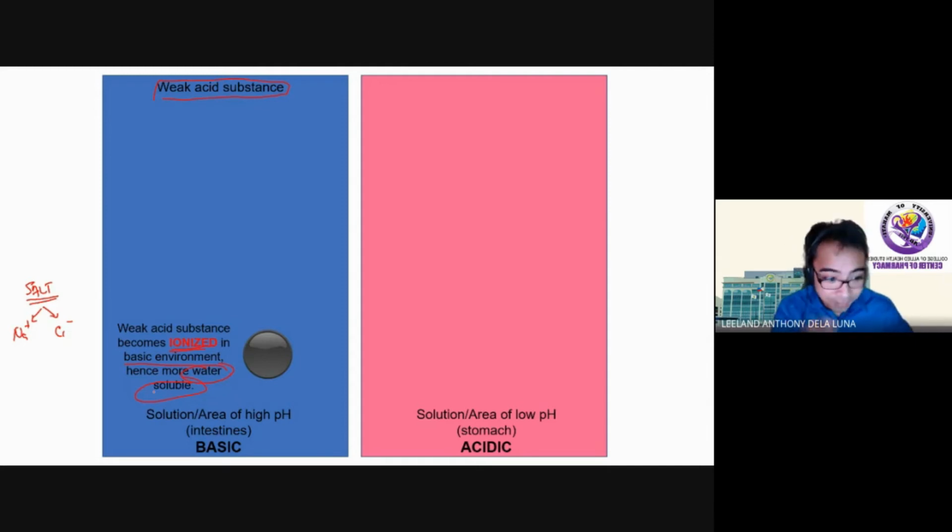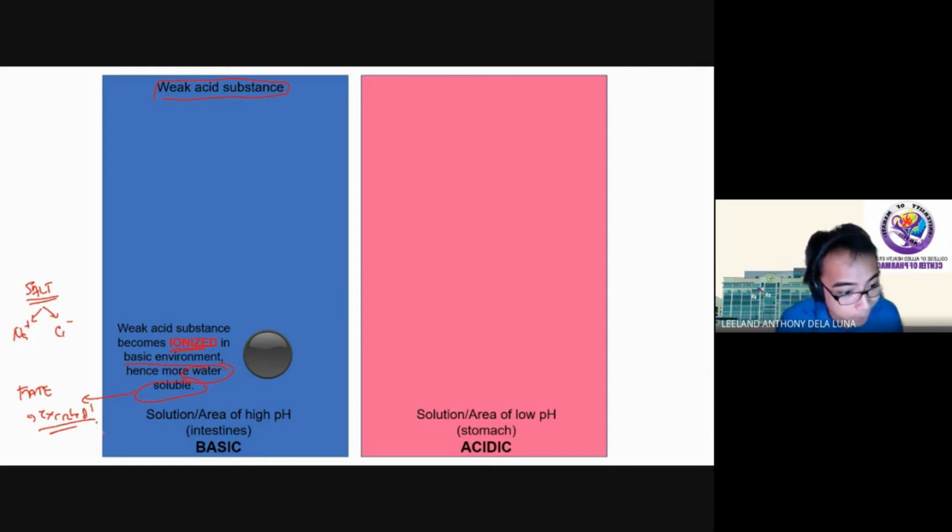Nagets? And if this is happening inside my body, ang fate ng gamot na to, ang sinasabi kong fate dito, ang kanyang kapalaran. Ang kapalaran ng gamot, class, that exists in its ionized state inside my body is that it will be easily excreted. Are we clear?